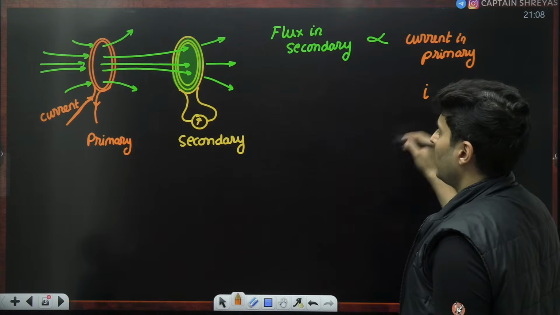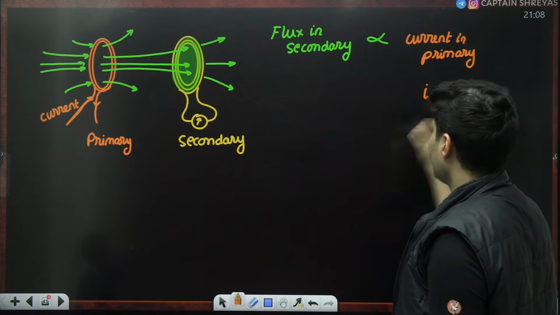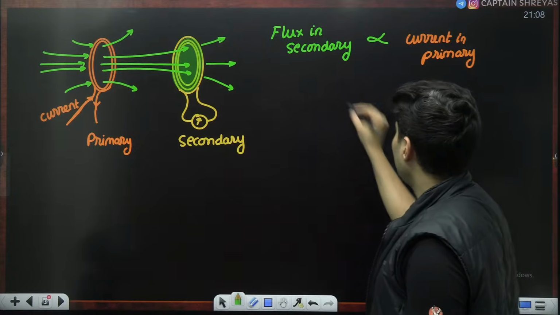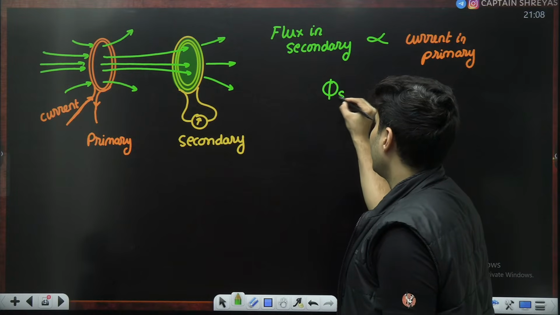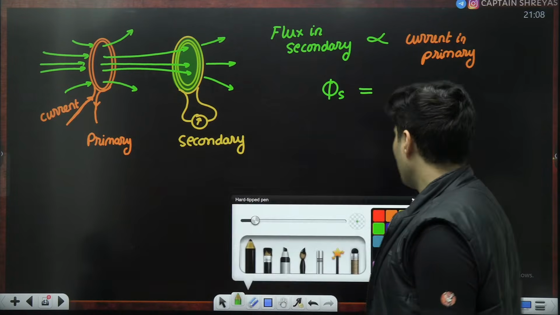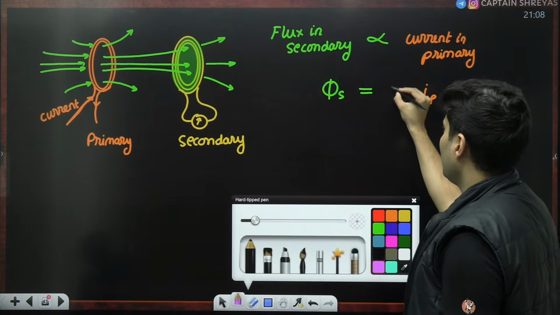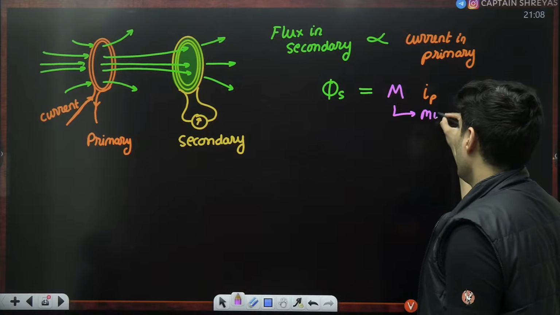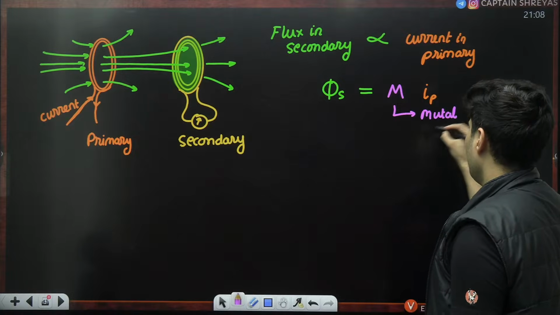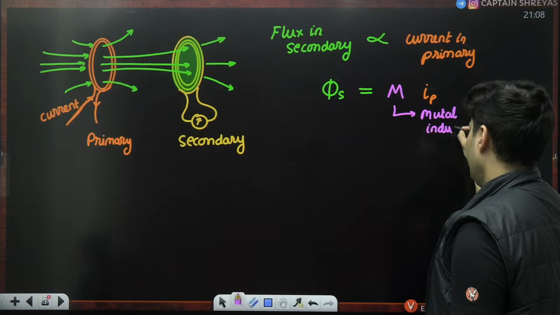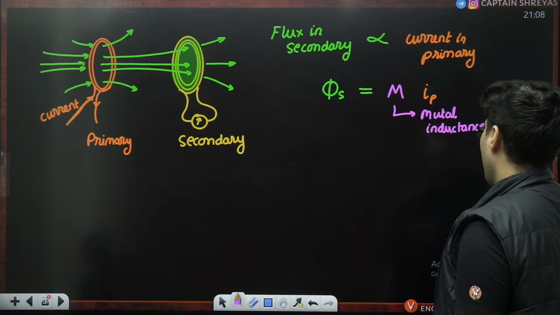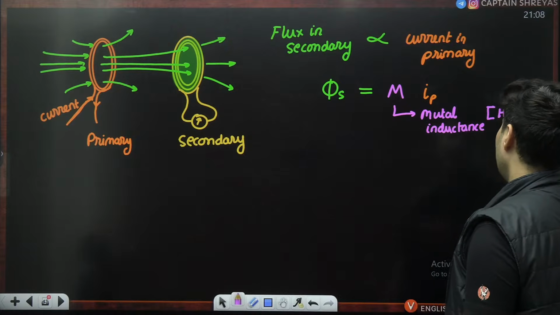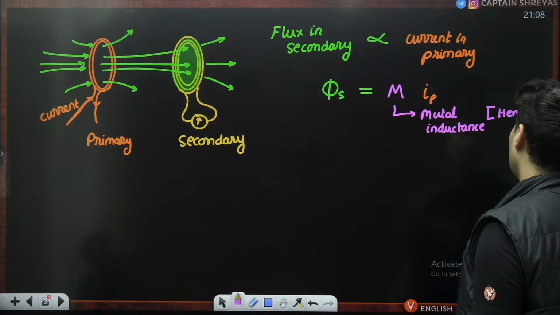The current in the primary, let's say I call it IP. The flux in the secondary, let's call it phi s. This will be equal to, I will put over here the symbol M. This is again mutual inductance, and the unit is again Henry, just like before, 1 Weber per ampere.